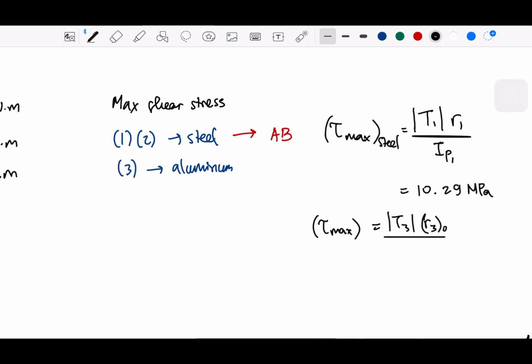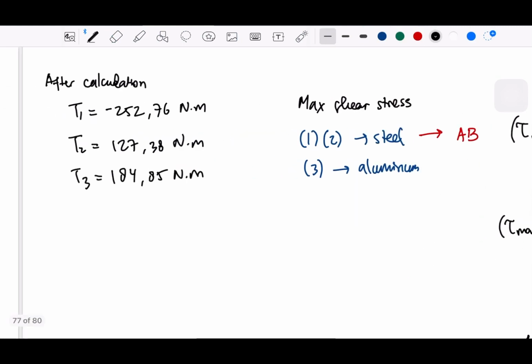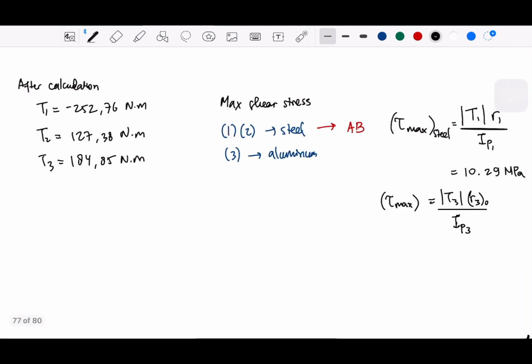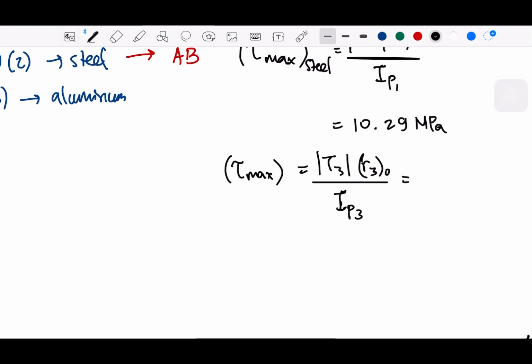This is the outside. And then the inertia for element 3. Element 3, we have IP here, which is the 2600. And this will be equal to 2.64 MPa.